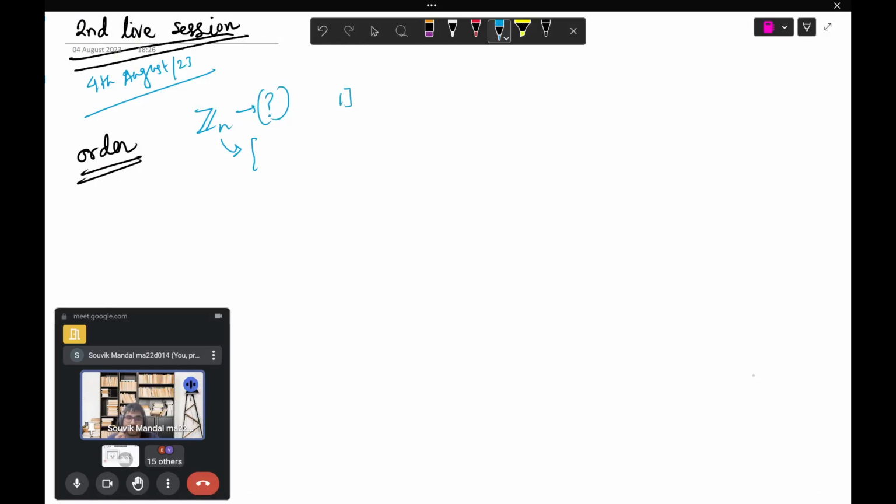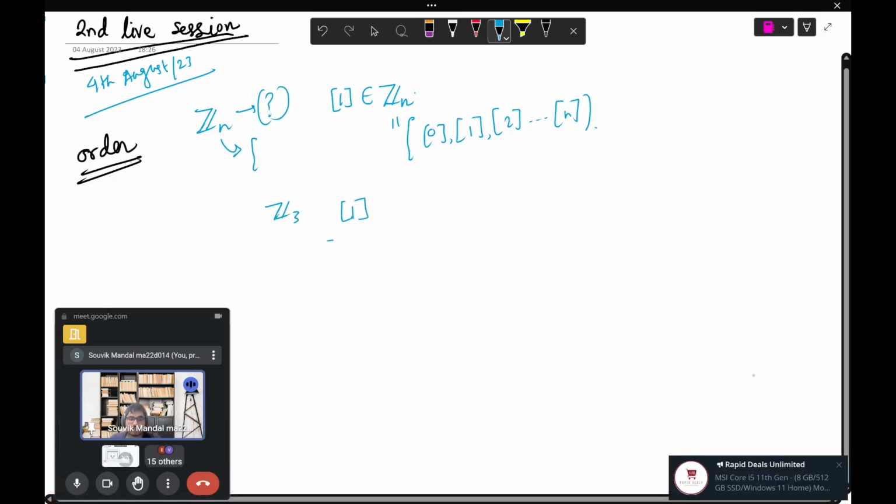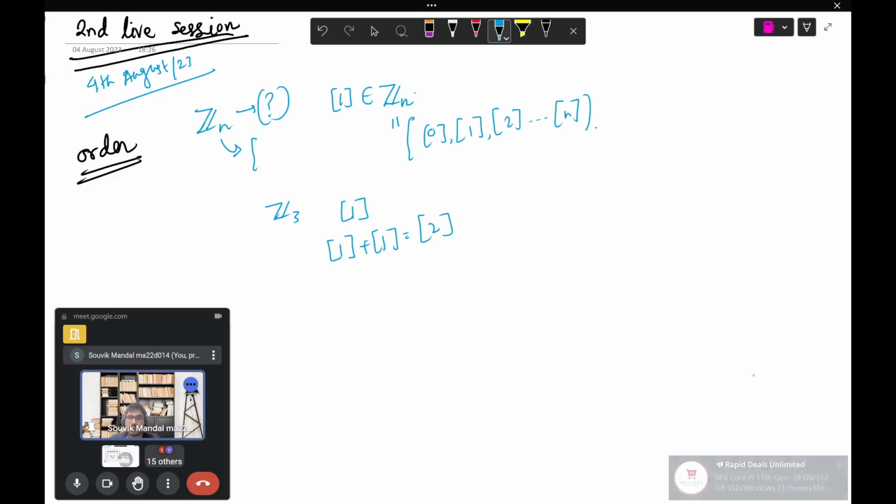So consider the element plus one in Zn. The elements in Zn are class 0, class 1, class 2, up to class n minus 1. For simplicity, consider Z3 and the element 1. Observe that 1 plus 1 by definition is class 2, and class 2 plus 1 is class 3, which is the same as class 0.